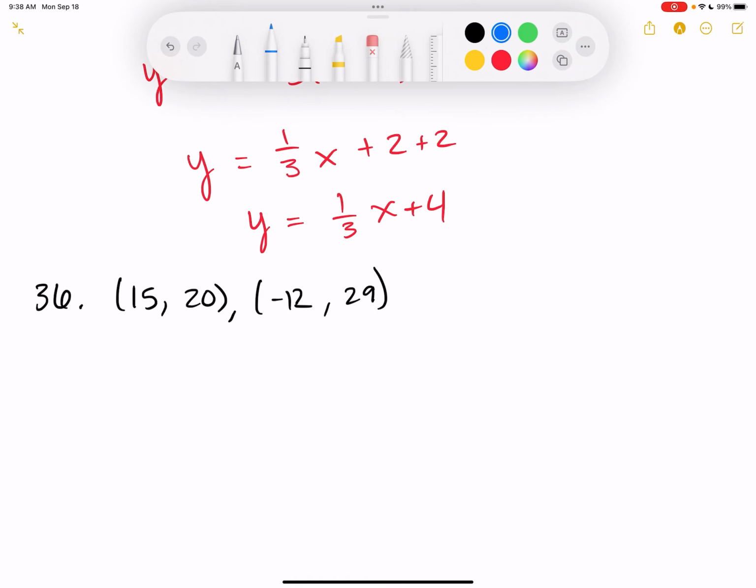So I need to find slope first. So that's going to be 29 minus 20 over negative 12 minus 15. So that's going to be 9 over negative 27, which is negative 1/3.